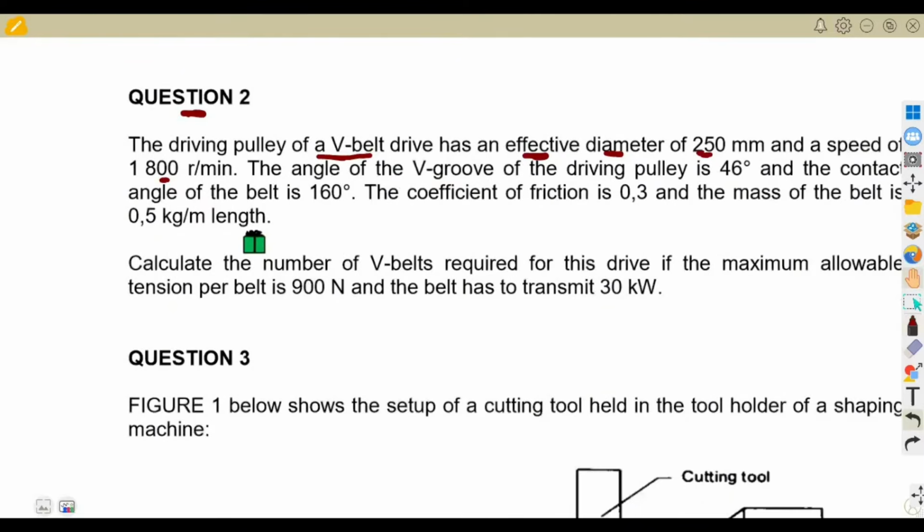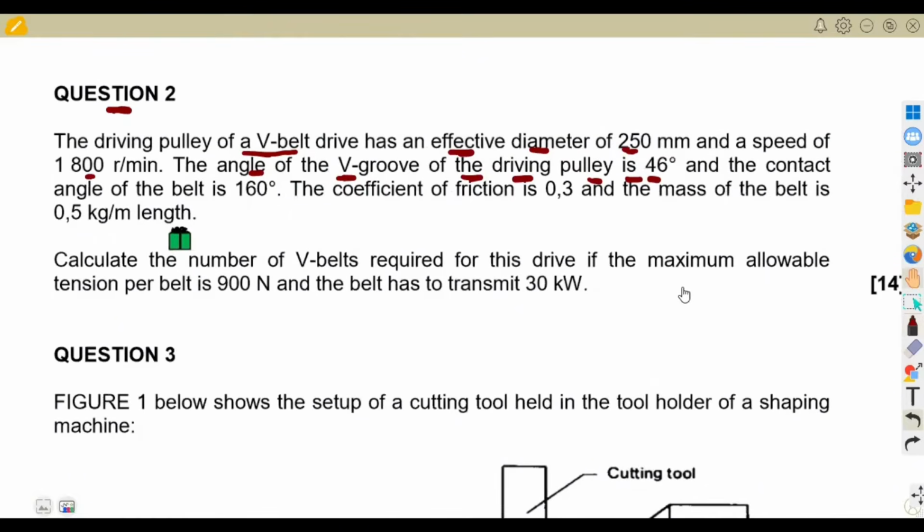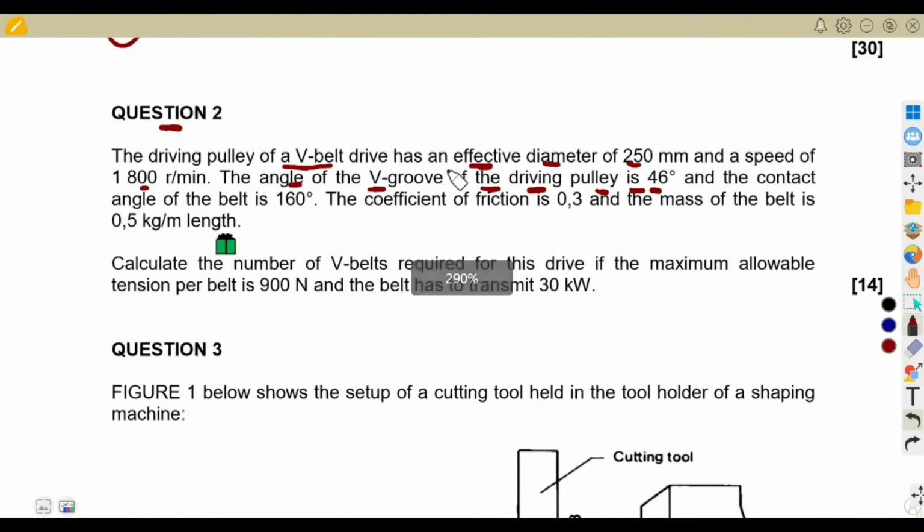Also take note, the angle of the V groove of the driving pulley is 46 degrees. This is the angle of the driving pulley. And remember, when you're dealing with a V belt, you're going to need alpha, which represents the half groove angle.